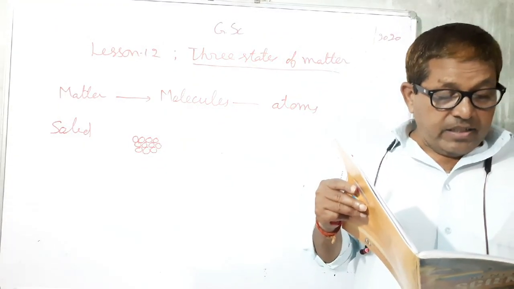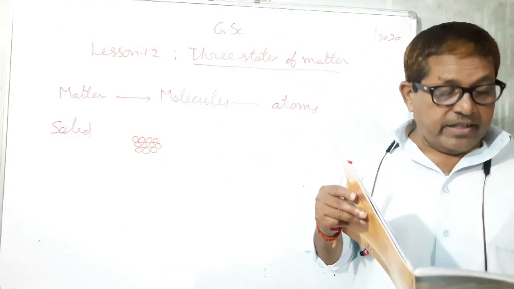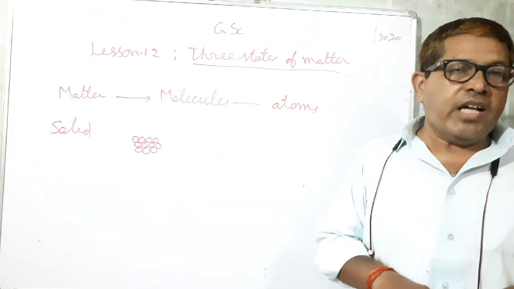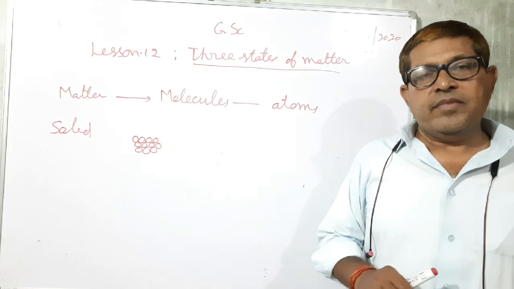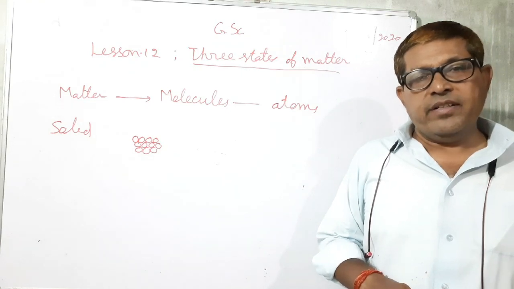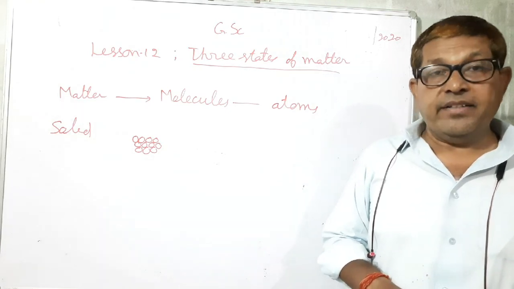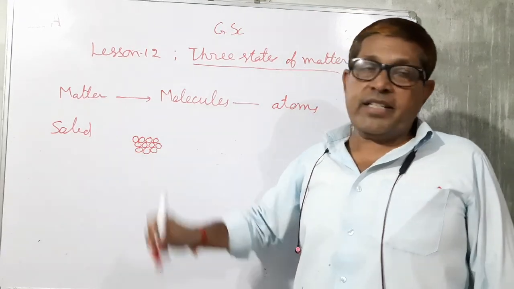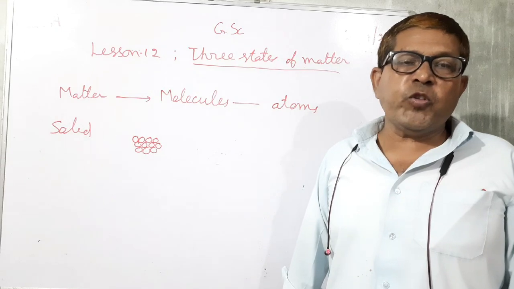That is why solids are hard and rigid. This is the reason why solids are rigid and hard, because the molecules of solids are very close to each other.